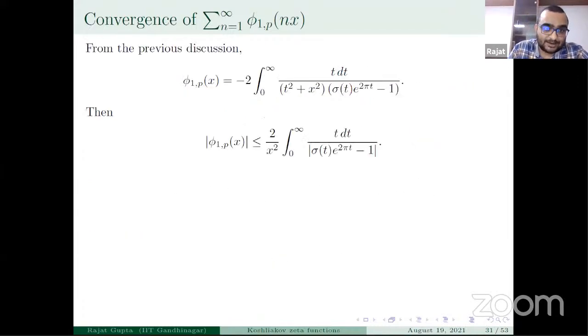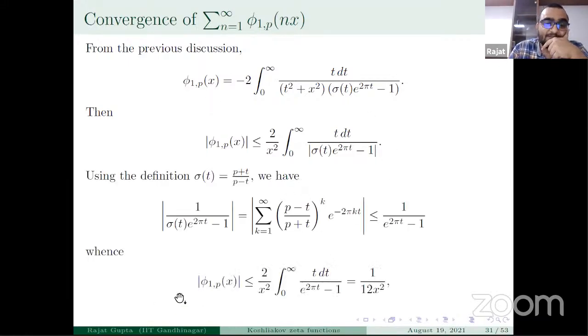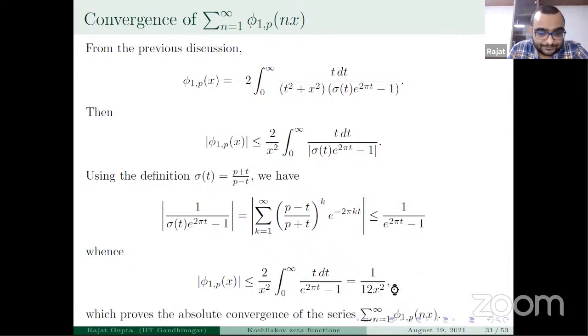So now we have phi1 of p in this form, an integral representation of it, and now you have to sum it. For that, let me first estimate phi1 of p as x tends to infinity. Using elementary facts we find that phi1 of p can be bounded by 1 upon 12 x square. If you sum over n, and in place of x take n, it is less than or equal to the sum over n of 1 upon n square, which is an absolutely convergent series.